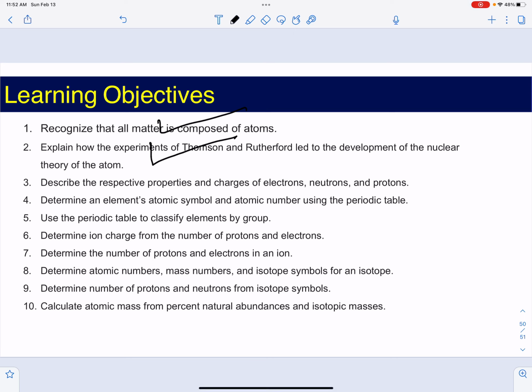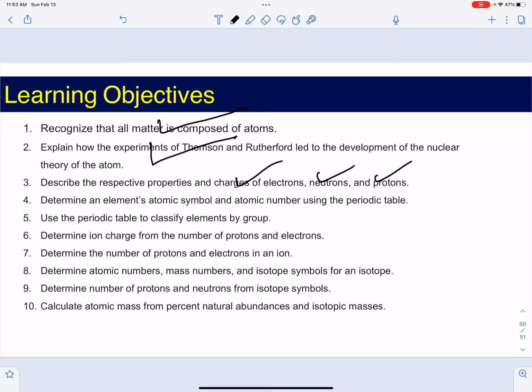Then we talked about the charges and mass of the electrons, neutrons, and protons. We told you that the protons and neutrons are located in the nucleus. I gave you an idea of how powerful the energy that holds the nucleus together is, how big it is, how much space is between, and all the fabulous things that we learn about our reality being kind of a perception that our brain takes from those proportions.